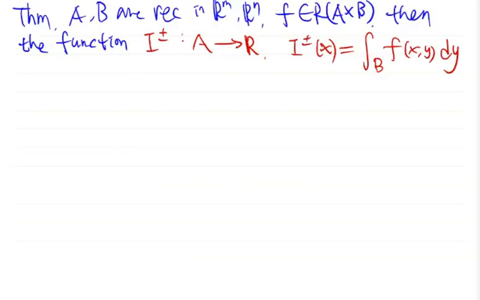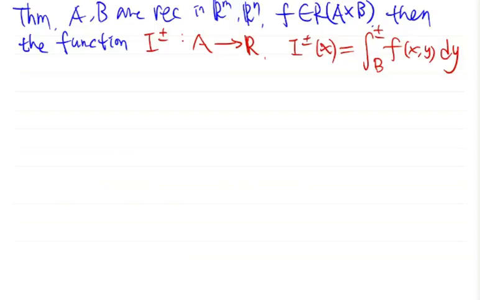But this integral might not exist, as we said before. But I don't care whether this integral makes sense. The upper integral and the lower integral always make sense. So we consider the upper and the lower integral. Only when the upper integral and the lower integral coincide is the function integrable. But even if the function is not integrable, the upper integral and the lower integral always make sense. Therefore, these functions I plus and I minus always make sense.